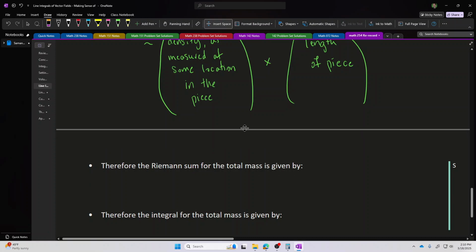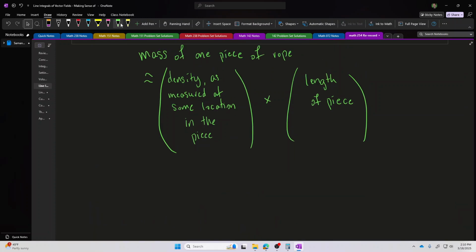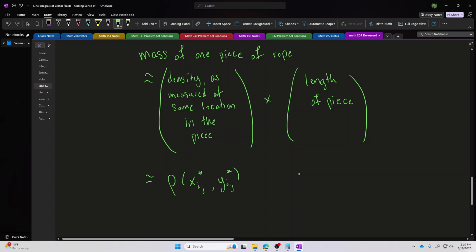Now, the density, as measured in some location within this piece of rope, is given by the density function as evaluated at a specific position in that piece. And the length we just found, the length of that piece, was approximately equal to the magnitude of r prime of t dt.